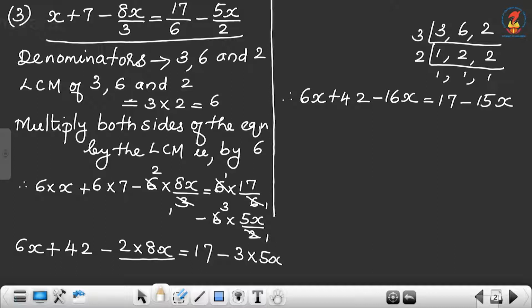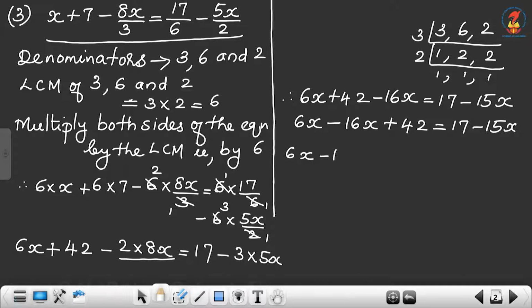Now the equation is reduced. Now 6x minus 16x plus 42 equals 17 minus 15x. I wrote the variables together. Now transpose negative 15x to the left hand side.